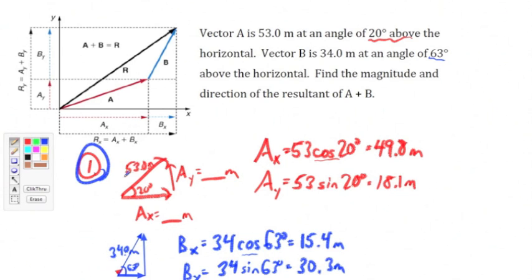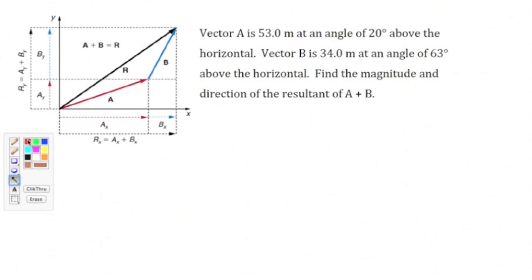And we've completed step 1, which once again was to take our diagonal vectors and replace these useless diagonals with perpendicular components. We have AX, BX, AY, and BY, and that will allow us to pretty easily combine those. That's going to be our next step.